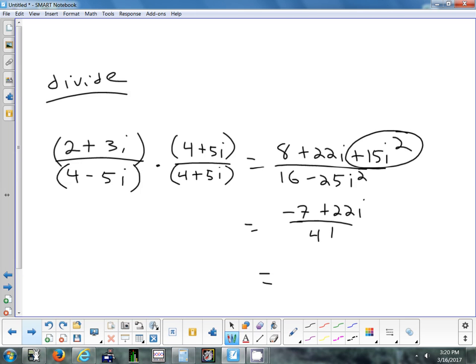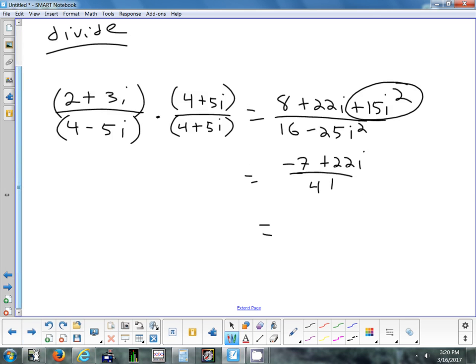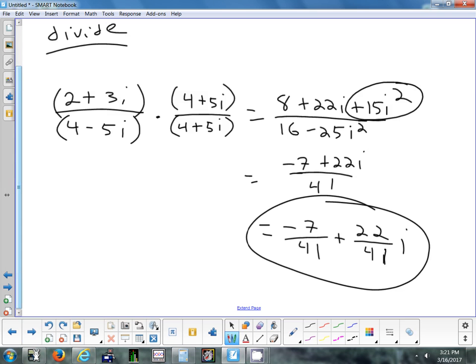And that still isn't the final answer because we have to separate it into real and imaginary parts. So it's negative 7 over 41 and 22i over 41. That's how we divide complex numbers in standard form, the old way.